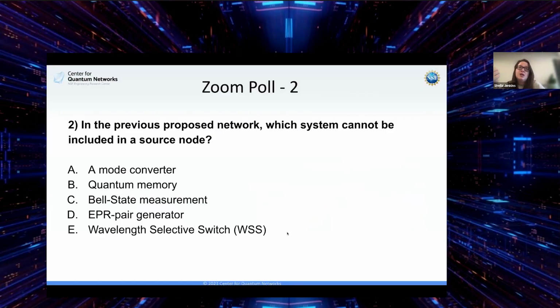The quantum memory can be in the source node because, like we said, it is also considered a consumer node for what we're doing here. And then the EPR generator and the Bell state measurement are what give us that heralding. And then finally, the wavelength selective switches allow us to decide which photons are going where.